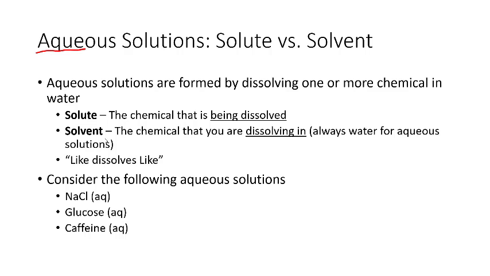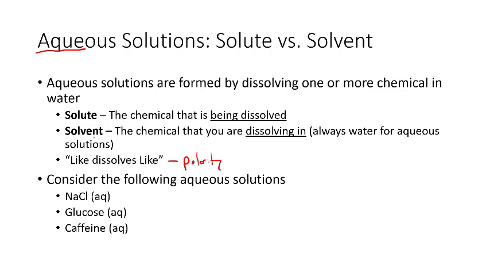Whenever you're talking about dissolving a solute into a solvent, we have a saying called "like dissolves like." That saying is talking about polarity. If you have a polar solvent, that will dissolve polar solutes.